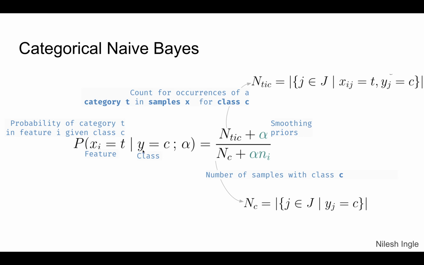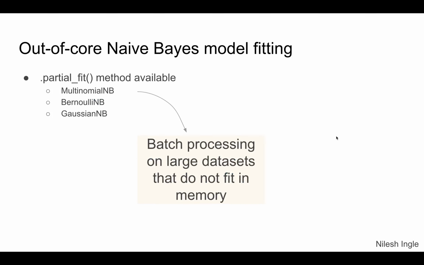So Y is equal to C, so that's the class C, and XI is the feature with the category T. Now, out of core naive Bayes model fitting is a feature available in Scikit-learn that we can use with multinomial naive Bayes, Bernoulli naive Bayes, and Gaussian naive Bayes.